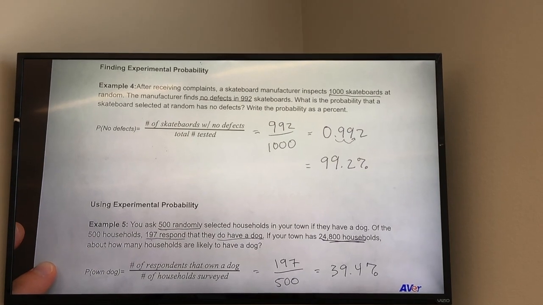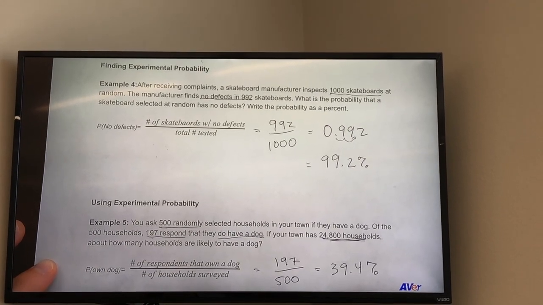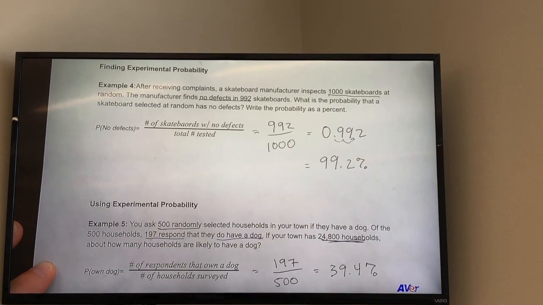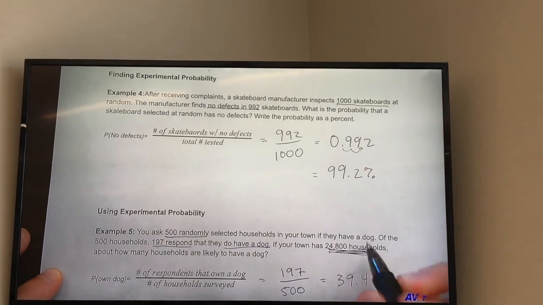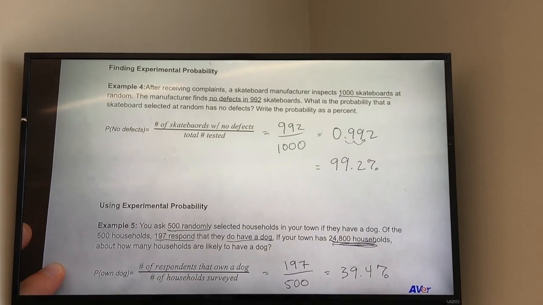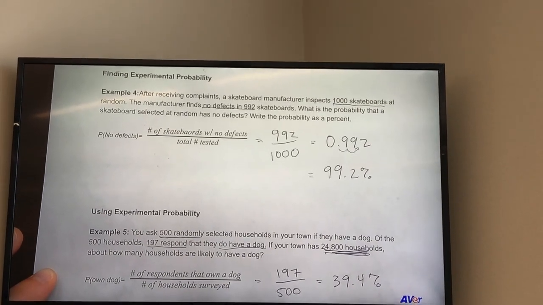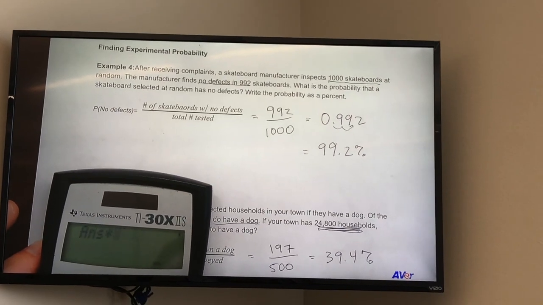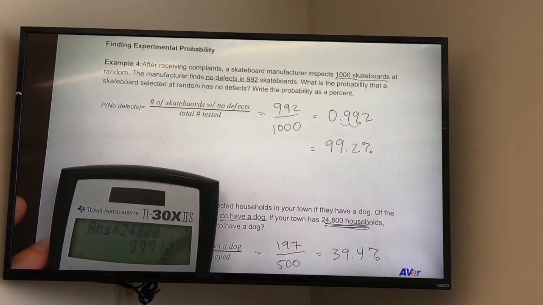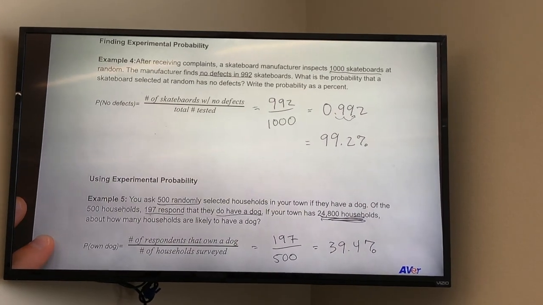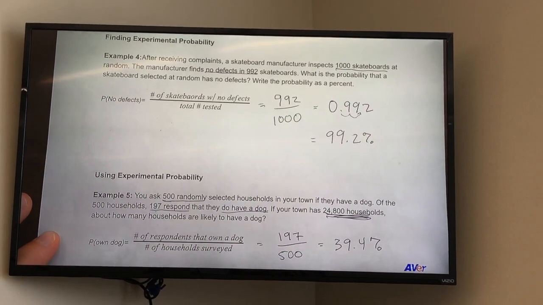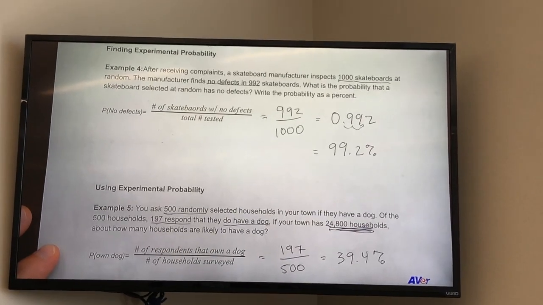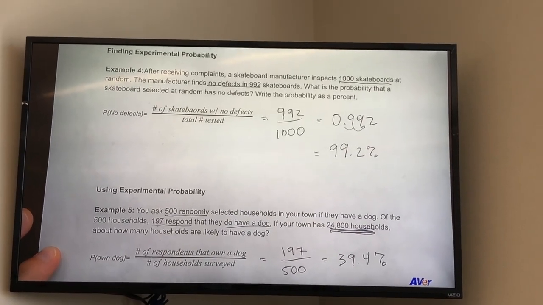I'm going to rewrite it as a decimal though, because we want to change our percents to a decimal, times the total number of households. For our new situation, it would be 24,800. So you take that answer you just got, 0.394, our probability, and you multiply it by 24,800. So if this many households were surveyed, then you would have 97,712 households with dogs.